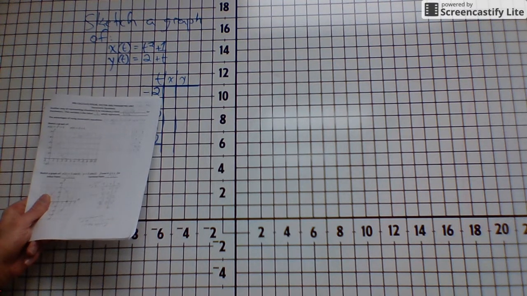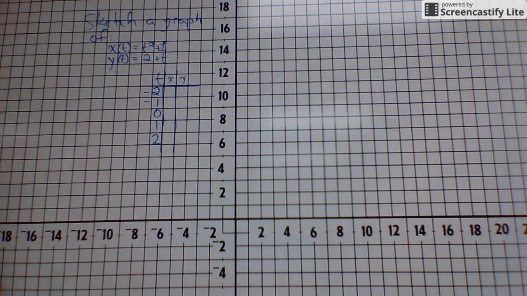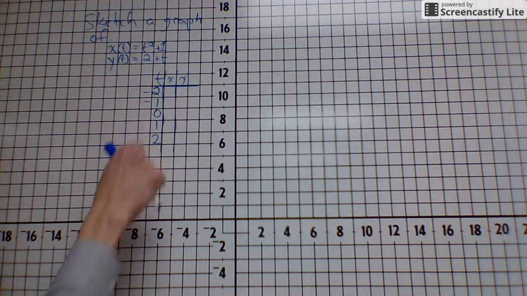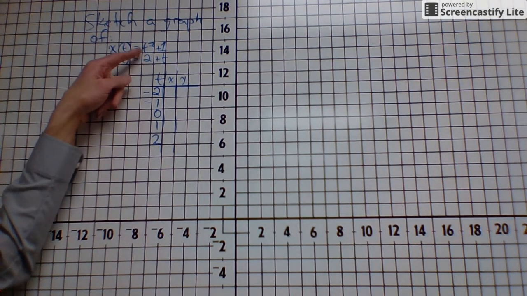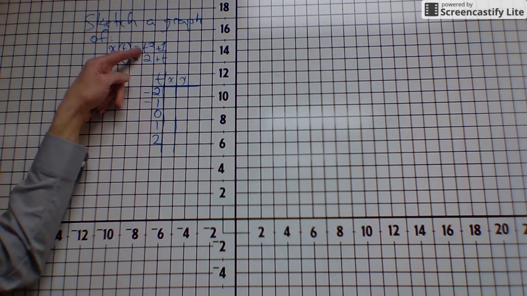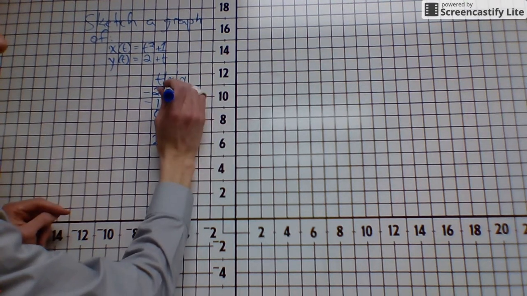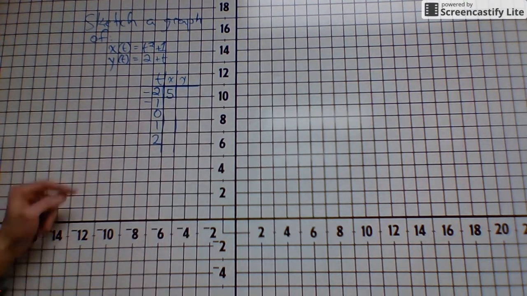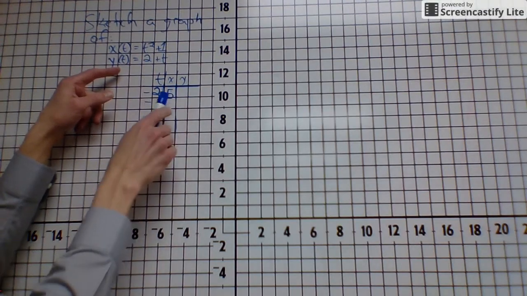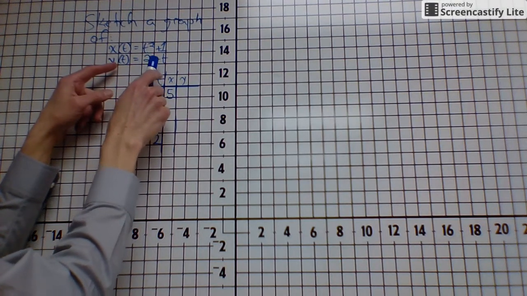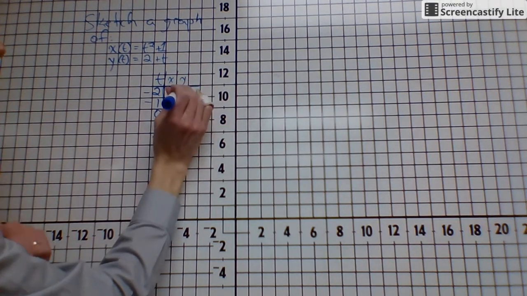So first off, when t is -2, to find what x is, we need to substitute -2 in place of t in our x equation. We'll square t and get 4, plus 1 and get 5. To find out what the y value is, we'll do -2 plus 2, which is 0.